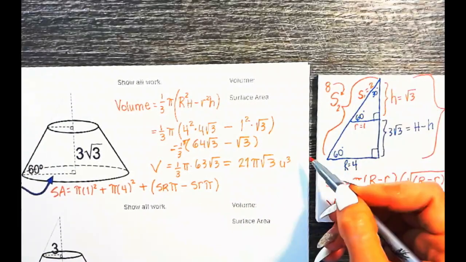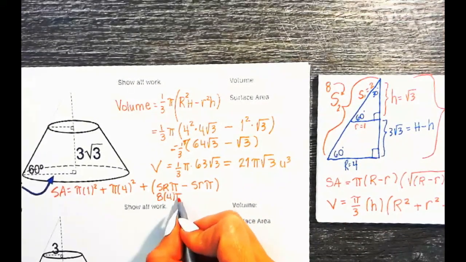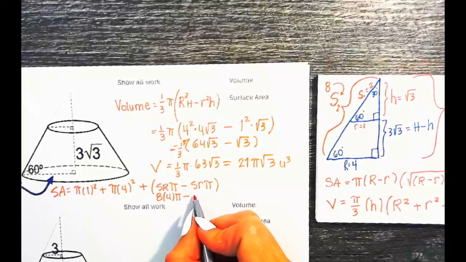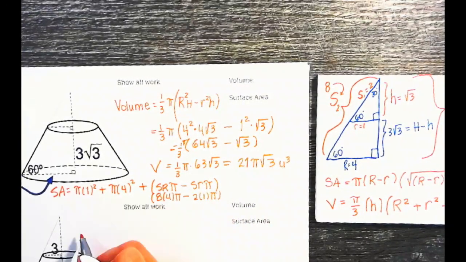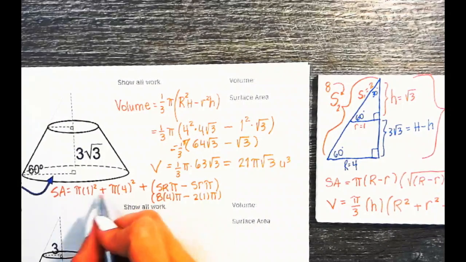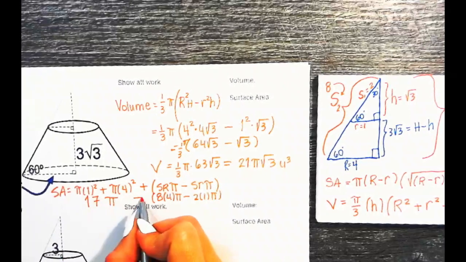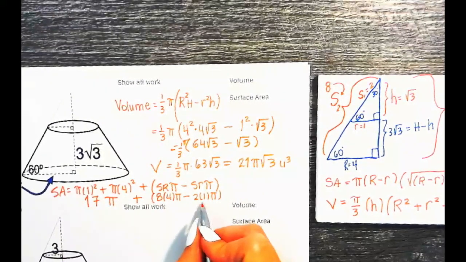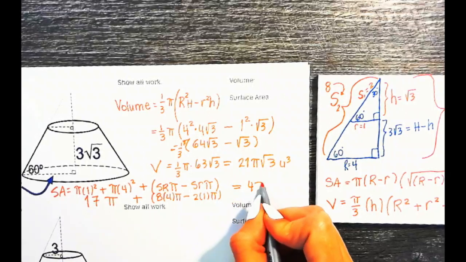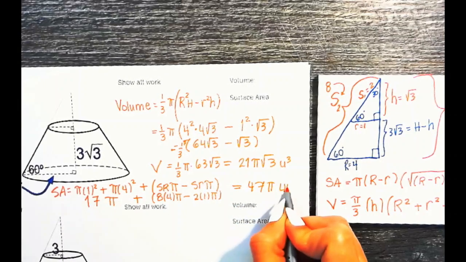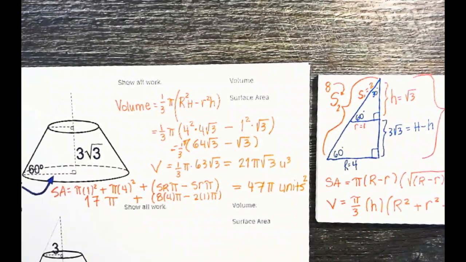S of the larger was 8, smaller was 2, so we have 8 times 4 pi minus, and then we just said we had 2 times 1 pi. 1 and 16 is 17 pi. 32, take away 2 is 30. 17 plus 30 equals 47 pi units. I'm going to use u squared, and there I just used u, same idea.